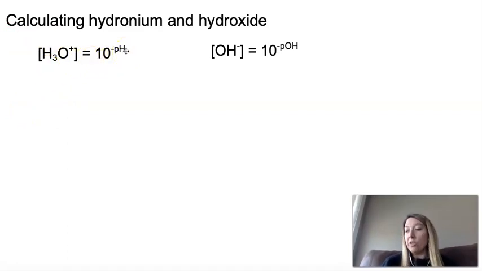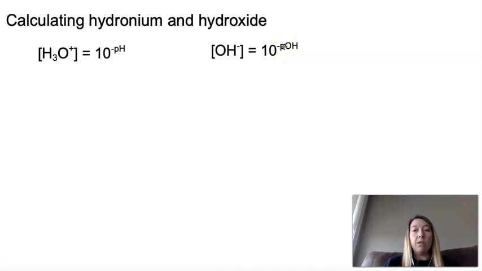If you look at your calculator and find that log button that you've been using, you should notice that the second function of that button on pretty much any calculator is usually 10 to the x, okay? So when you are typing these in your calculator, you're going to do that second function log to get 10 to the x, and then you're going to type negative and then pH into there. When you want to calculate concentration of hydroxide, it's just 10 to the negative pOH.